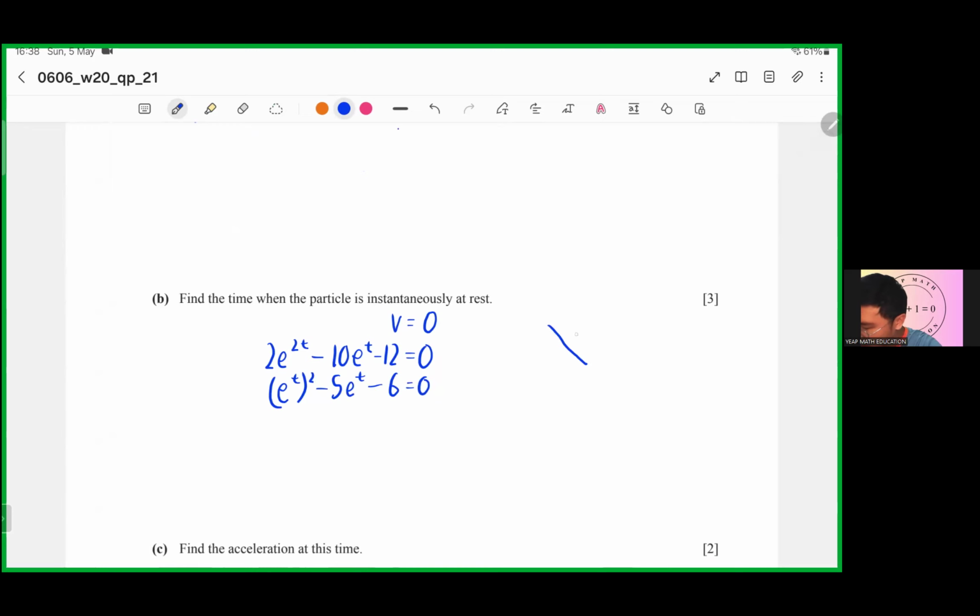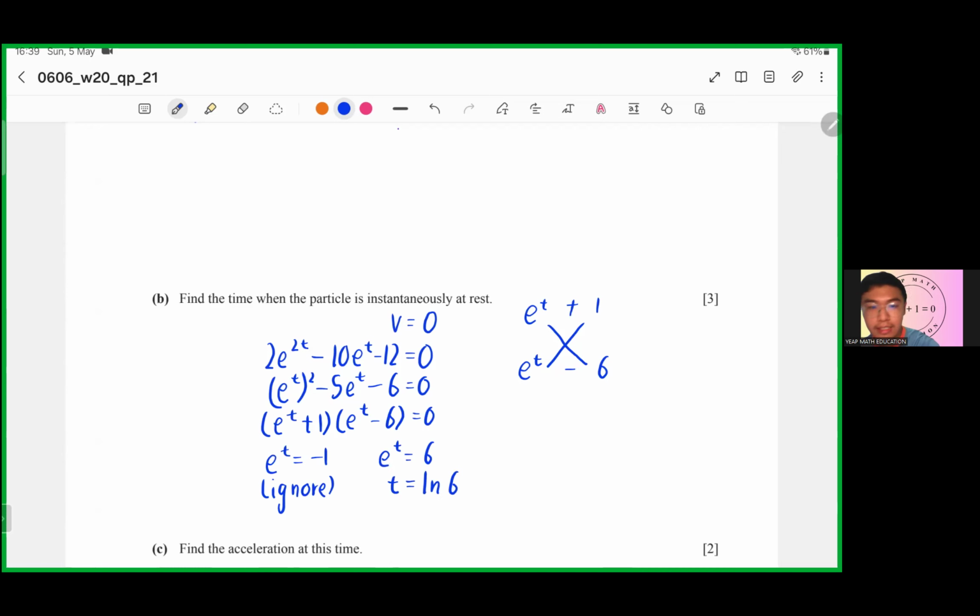So we can factorize: (e^t plus 1)(e^t minus 6) equals 0. So we get e^t equals negative 1. This part we just ignore, because the range of the exponential function is more than 0, not less than 0. So we get t equals ln 6.